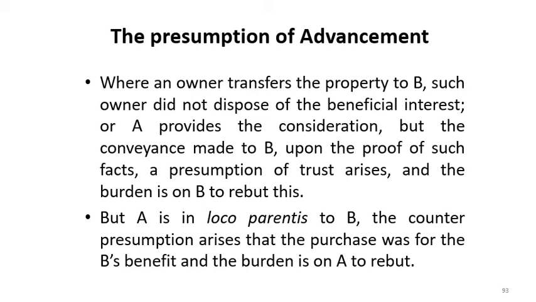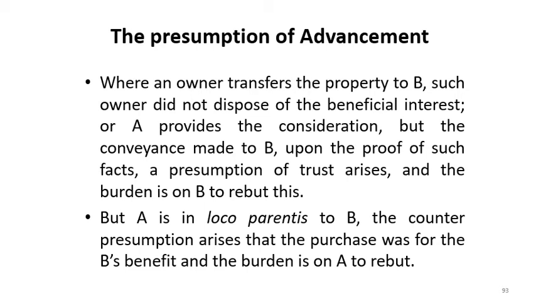Or A provides the consideration, but the conveyance is made to B. Upon the proof of such facts, the presumption of trust arises. The burden is on B to rebut it. As you will study in your final year law of evidence, there is a separate topic known as burden of proof.